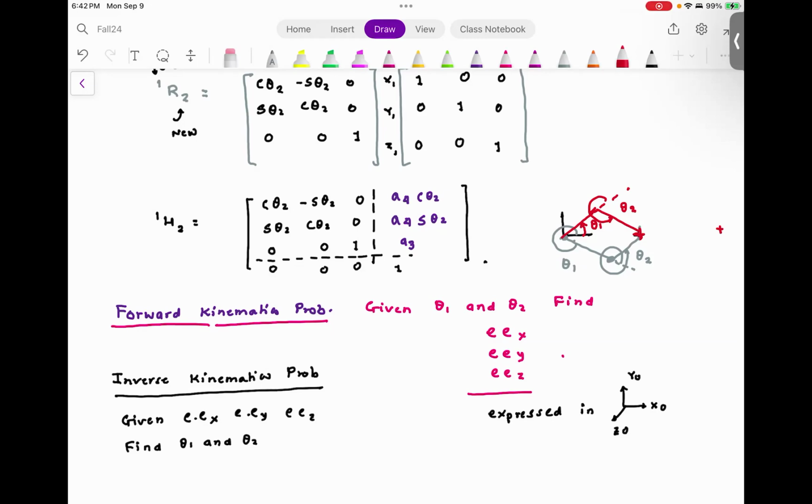Everyone understood this? So forward kinematics is going from joint values to the end effector position. Inverse kinematics is working from the end effector position and finding out joint angles. Everyone understood this?